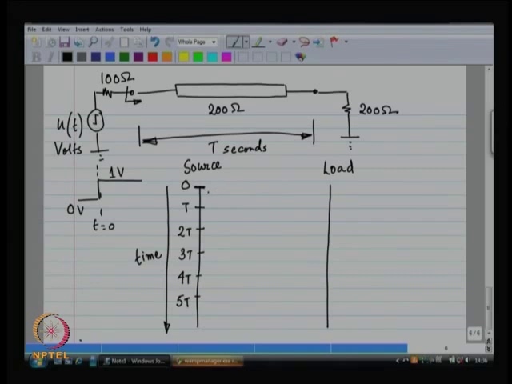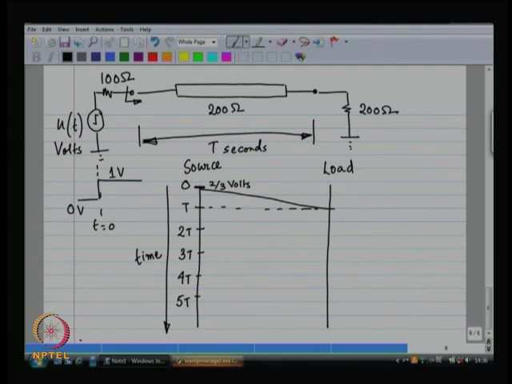So, therefore, there is going to be voltage division, and the effective wave that is going to be launched has a value of 2/3 volts. And this 2/3 volts is going to reach the load at the time t.